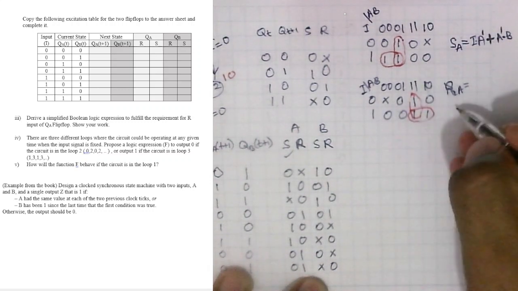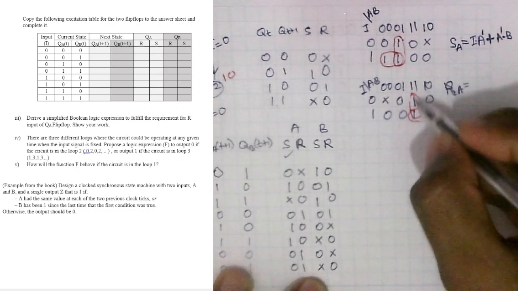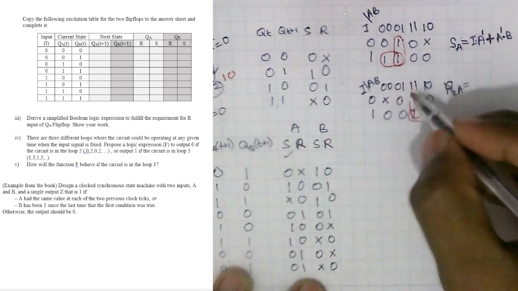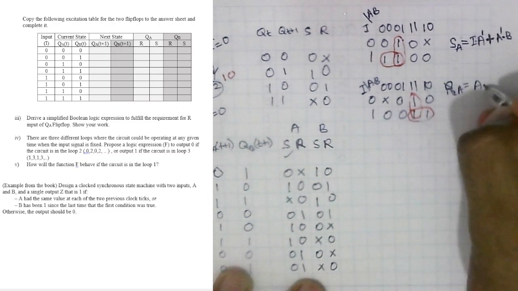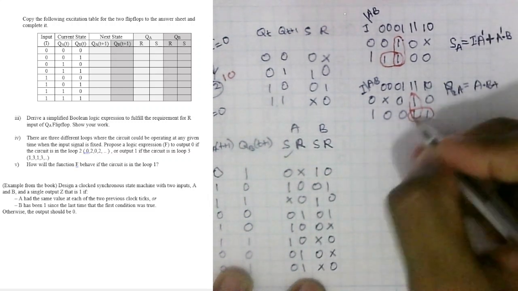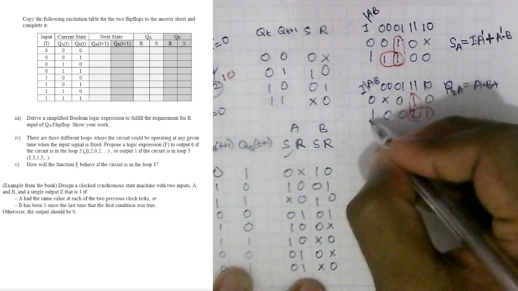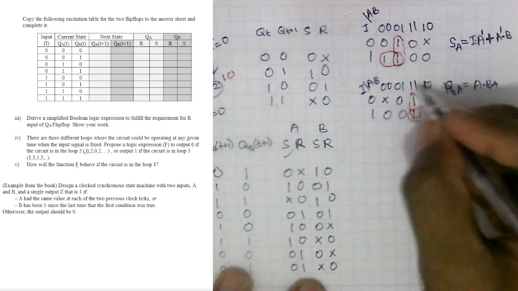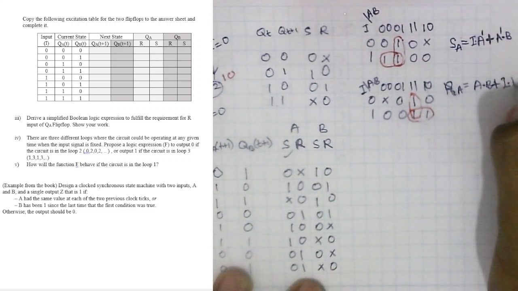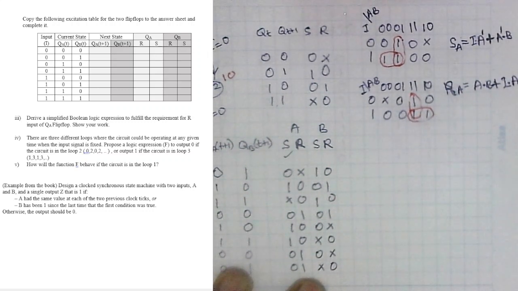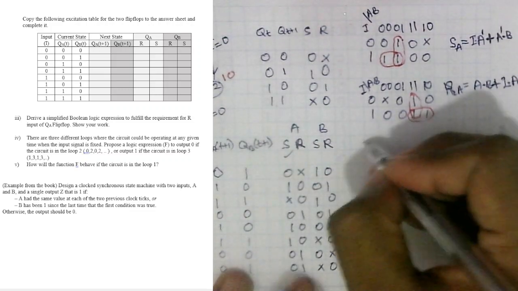So what is the Boolean expression now? Here this one is A and B, plus what is this group? I and A, B does not matter, so plus I A. Okay, let's move on to the next one.